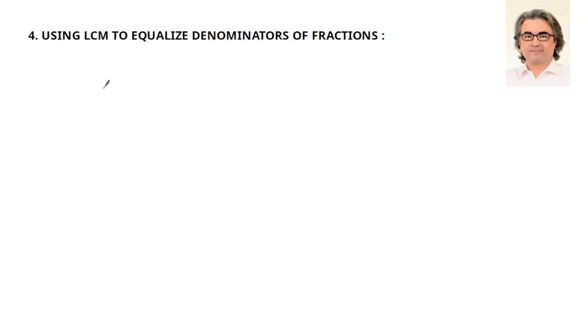How? Let's remember it. Now let's make an addition operation. 1 over 2 plus 1 over 3. Now 2 and 3 are the denominators of these two fractions, but they are not equal to each other, and you know that. You should equalize these denominators by making multiplication.